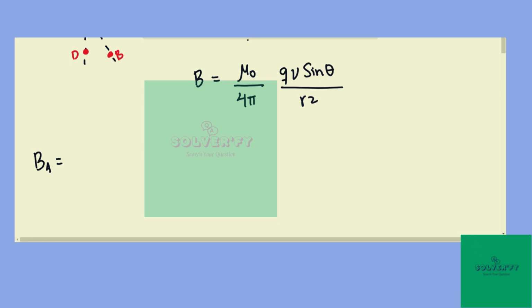We know that the permeability of free space is 4 pi times 10 to the minus 7 newtons per second squared over coulomb squared, all of this over 4 pi.